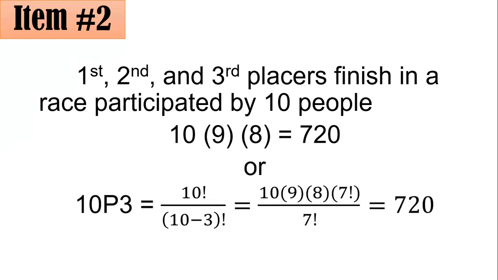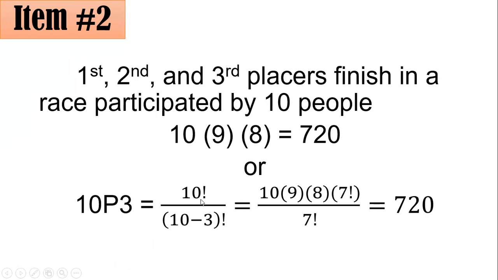Or you could also utilize the linear permutation, that is 10 permutation 3, because there's no repetition here. The formula is, in this case, 10 factorial all over 10 minus 3 quantity factorial.